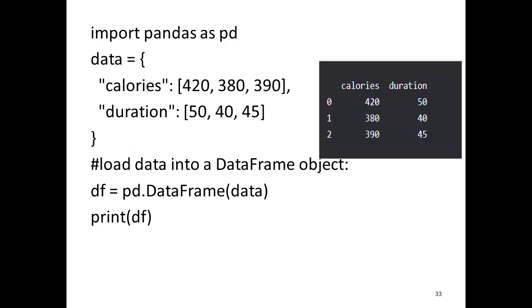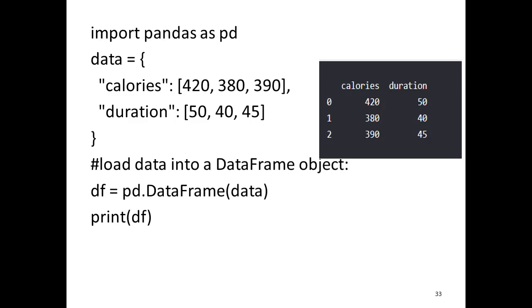Now I'm going to create the data set. Data equals, then you specify the rows and columns. Pandas contains rows and columns. My first column title is calories, and the values are 420, 380 and 390.